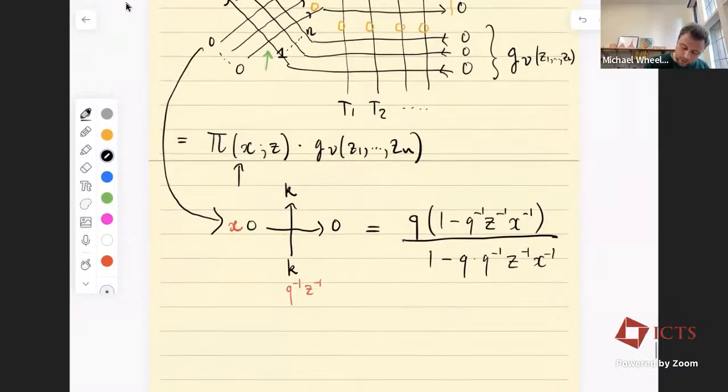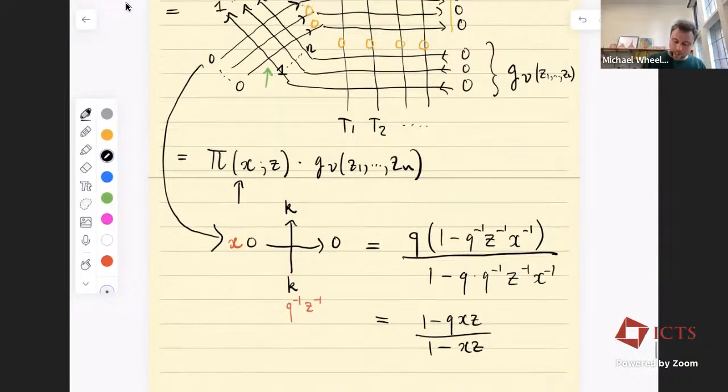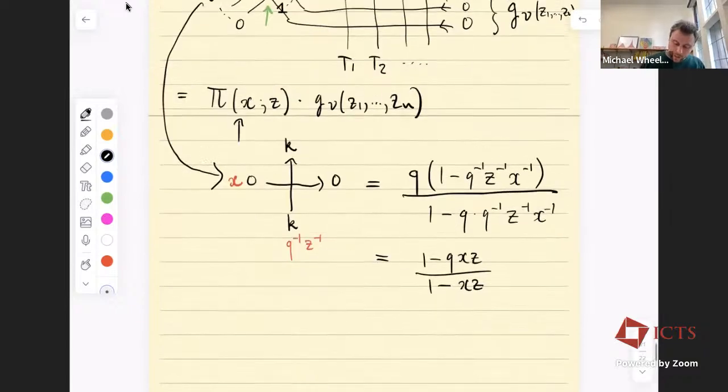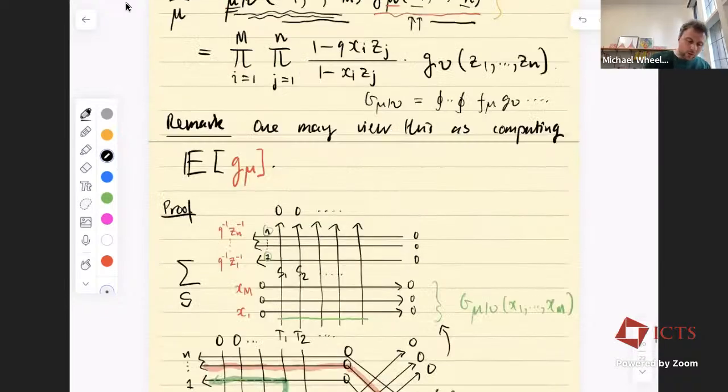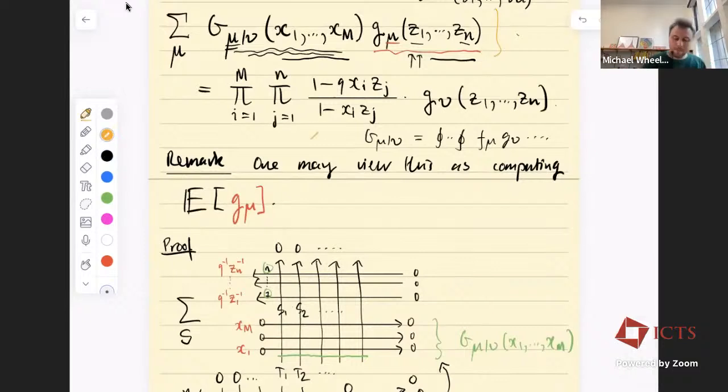And that thing simplifies to give you 1 minus Q xz over 1 minus xz. So you can see that basically you get such a factor, and that's exactly the factor that we're supposed to get on the right-hand side here. Okay, so that's basically how the proof goes.